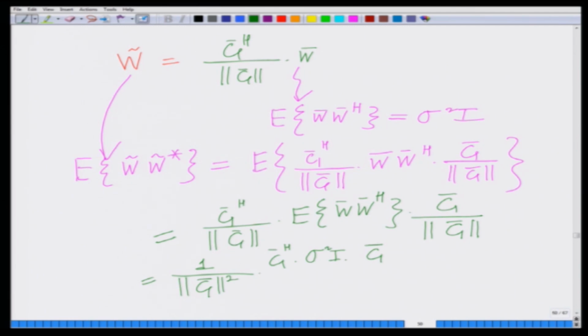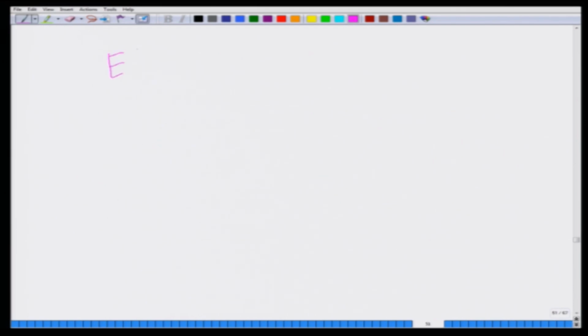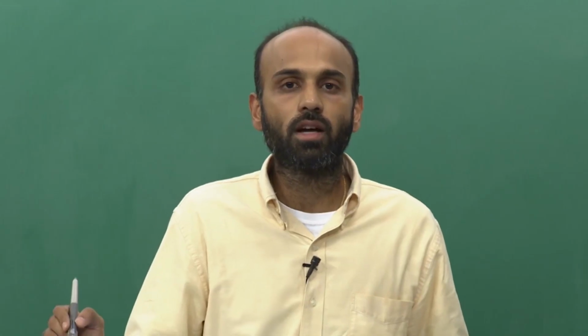So I have C1 bar Hermitian times identity times C1 bar, which is equal to norm C1 bar square. So sigma square norm C1 bar square divided by norm C1 bar square is equal to sigma square. So I find that the variance of the noise W tilde, expected magnitude W tilde square, is sigma square.